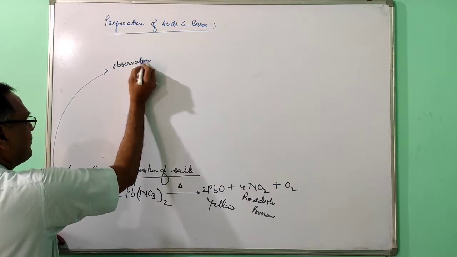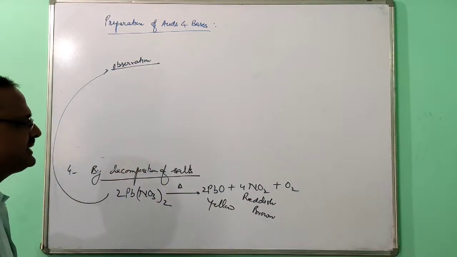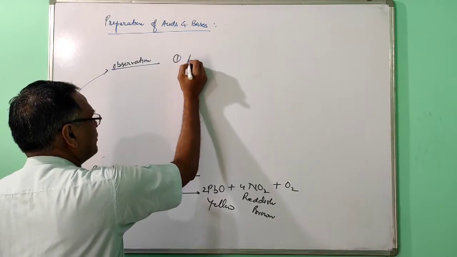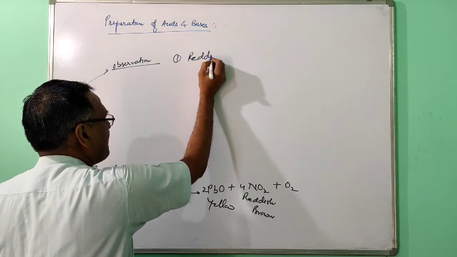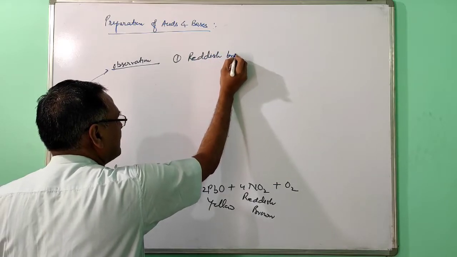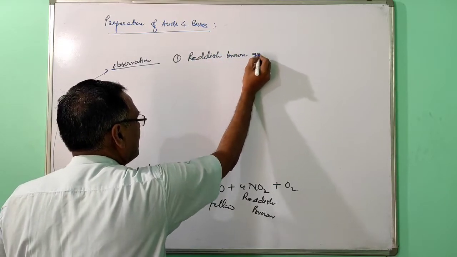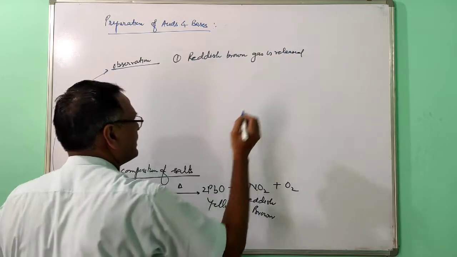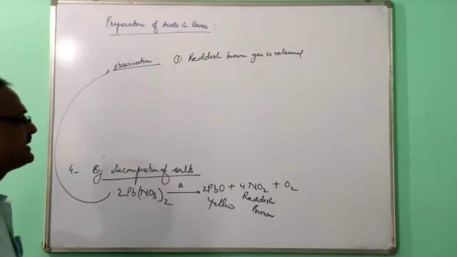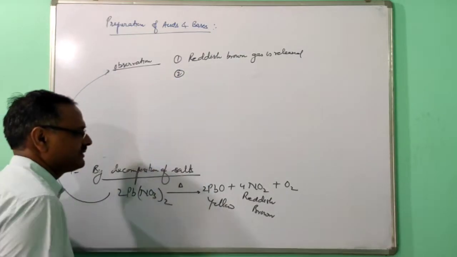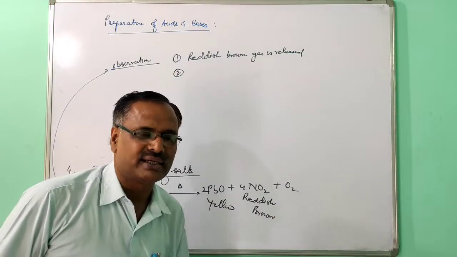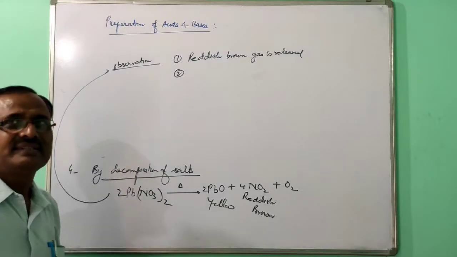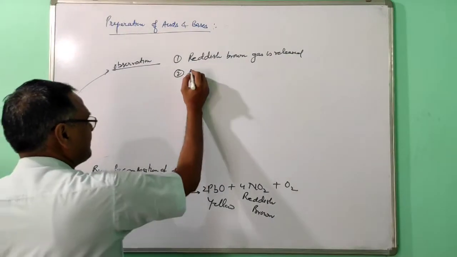First observation, reddish brown gas is released. Second observation, test for this oxygen gas. A colorless gas is released, it rekindles a glowing splinter.